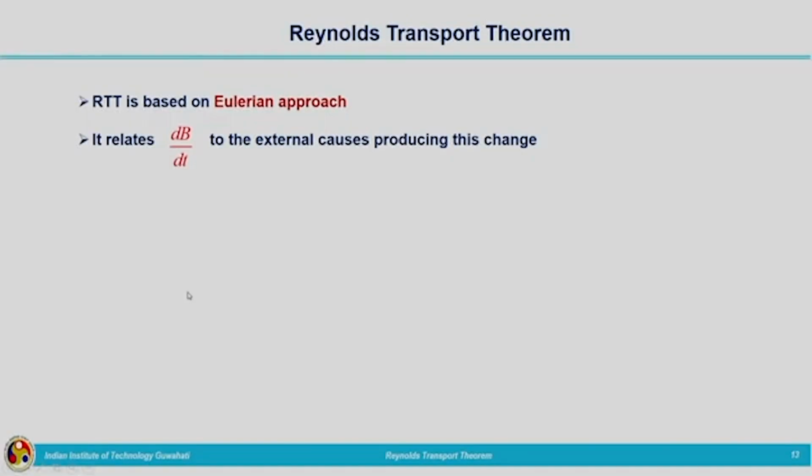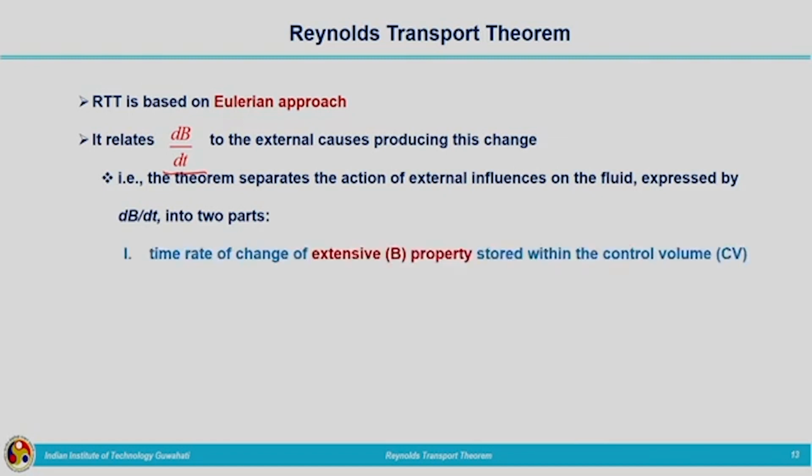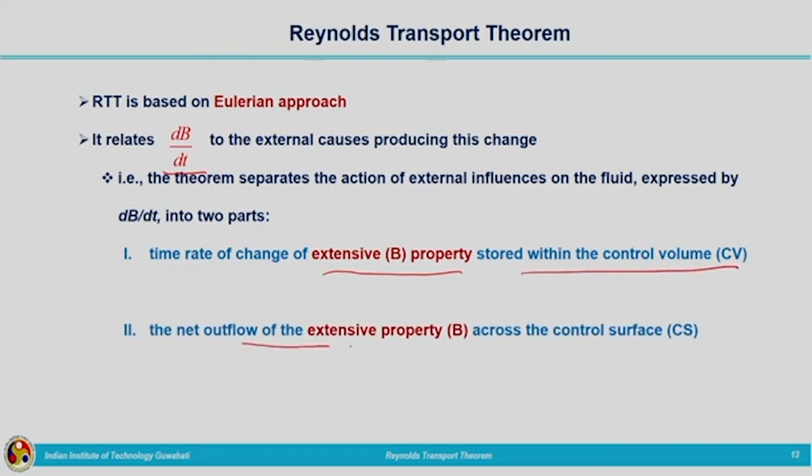So, in that case, what RTT is doing is trying to relate the quantities which we got based on the Lagrangian approach to those using the Eulerian approach. So, it relates the time rate of change dB by dt to the external causes producing this. We got the expression for this in mathematical form, which has two parts. One is the time rate of change of extensive properties stored within the control volume, and the second part is the net outflow of the extensive property across the control surface.